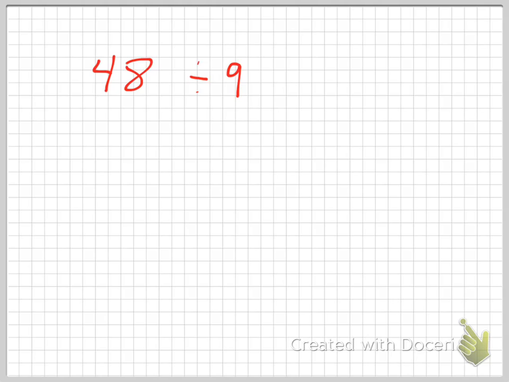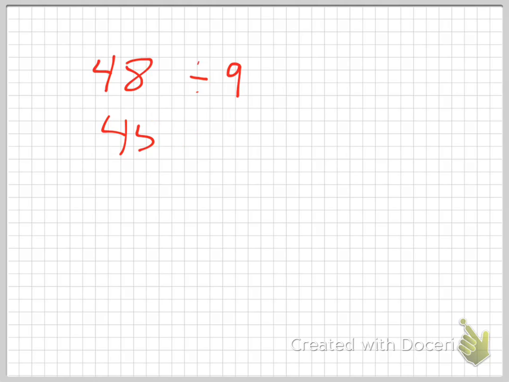What should I make 48 to make it easily divisible by 9? 45. I would make 48 into 45, right? Because what is 45 divided by 9? 5. You could estimate it using anything you wanted.